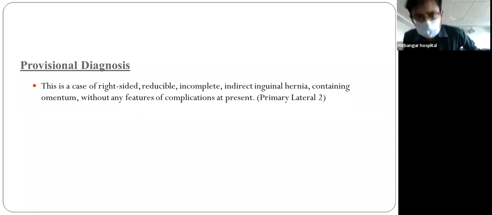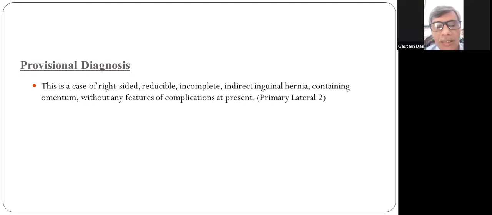Because this is a swelling in the inguinal region. No, a hernia may be anywhere, not only in the inguinal region. What are the criteria for a swelling to be a hernia?